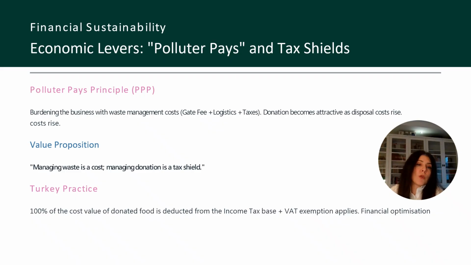If the cost of burying a ton of waste is higher than the logistic cost of donating that product, the business rationally chooses donation. The 100% tax base deduction and VAT exemption provided by Income Tax Law Article 4089 in Turkey is one of the most generous incentives in the world.